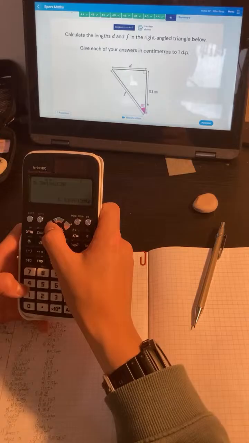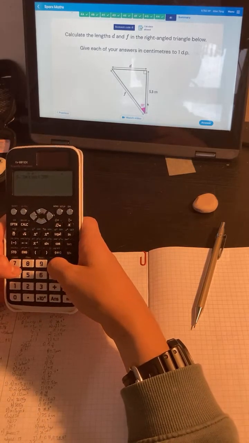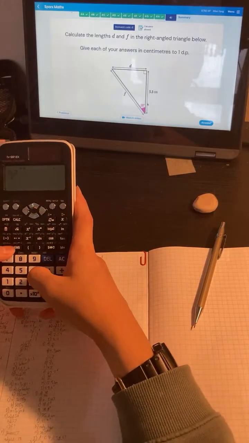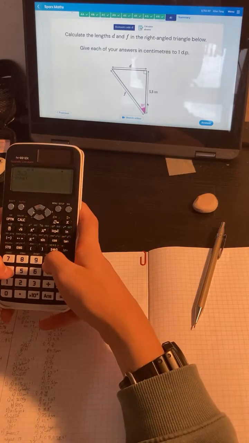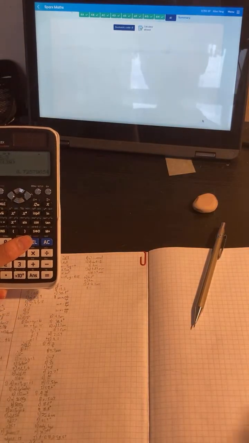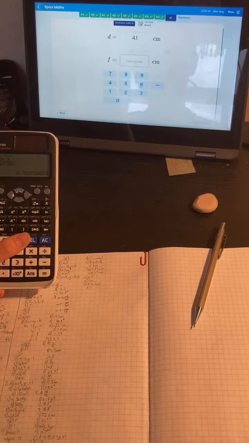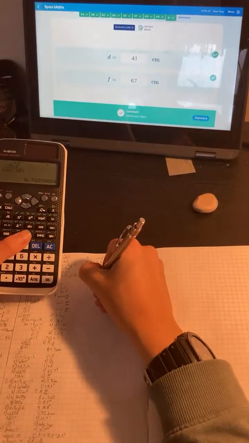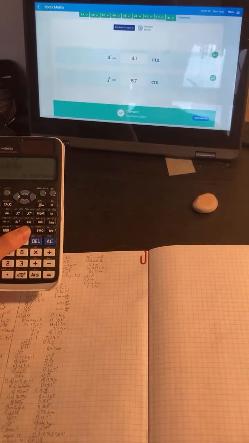So it's adjacent over that. So you have to do 5.3 over cosine of 38. So that's 6.7. So 4.1, 6.7. Right. 5a.